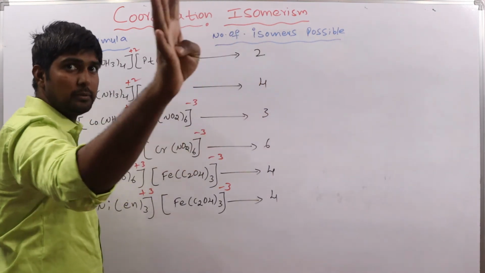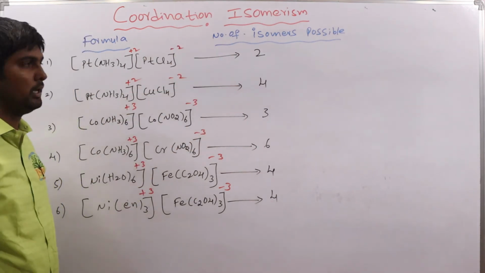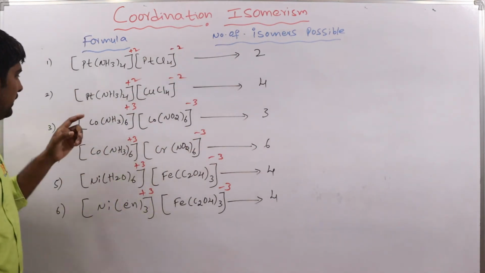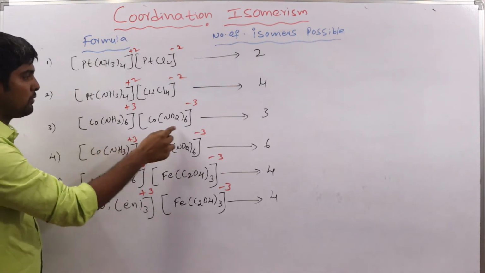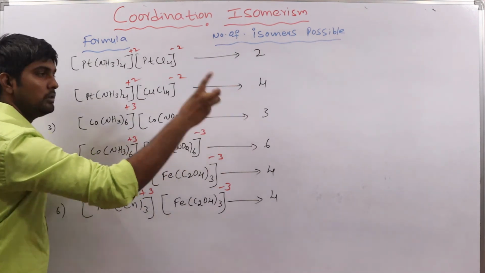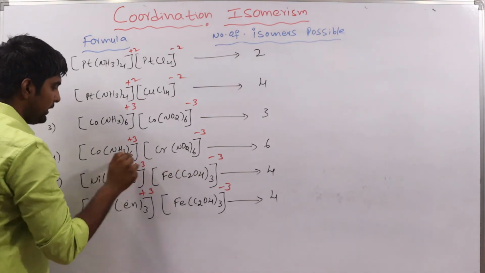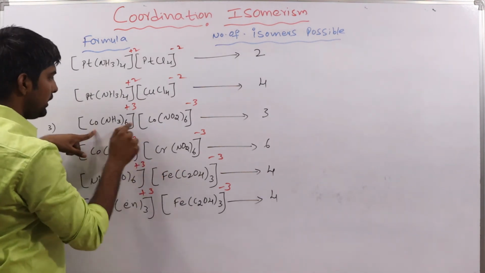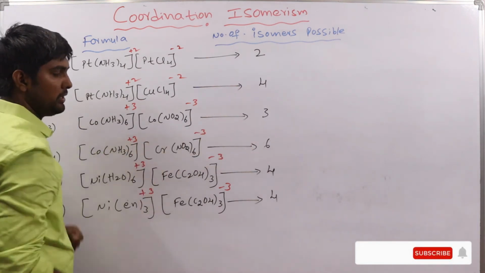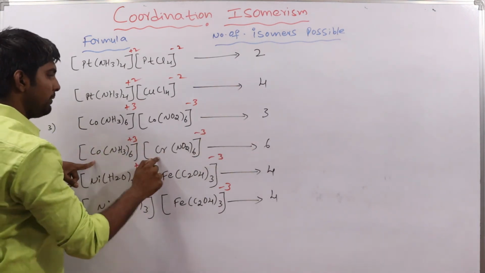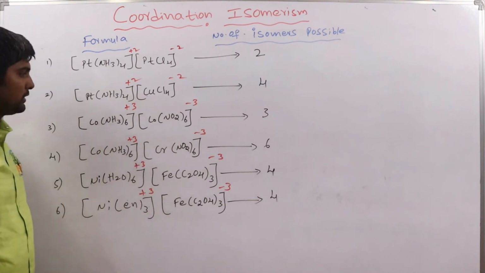So here 4 isomers are possible. Just now we discussed one example, right? Okay, next here, see here, hexa coordinated with the same metal, 3 isomers are possible. Hexa coordinated with two different metals, see cobalt, chromium. See here both are same metal, so only 3 isomers. So here two different metals, so total 6 isomers are possible.